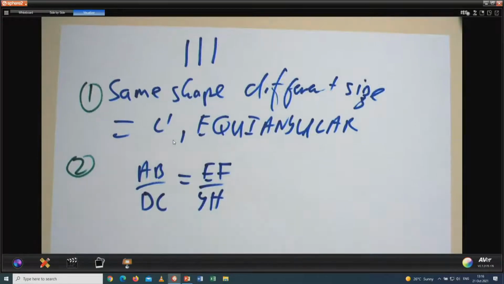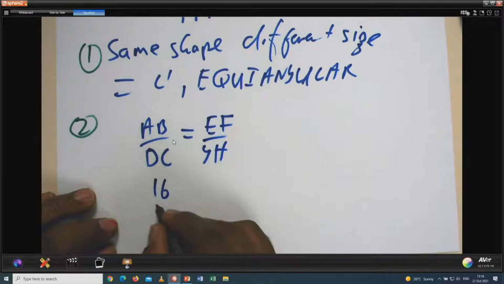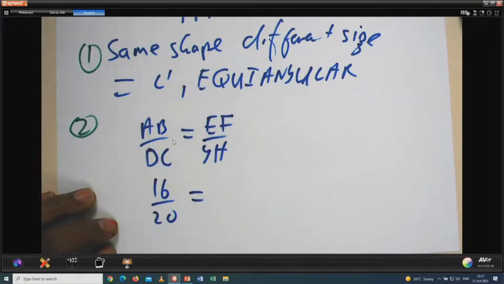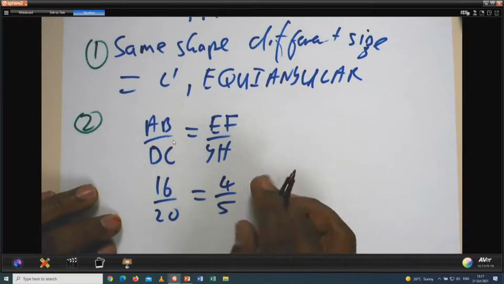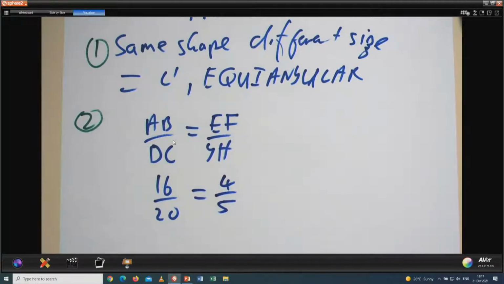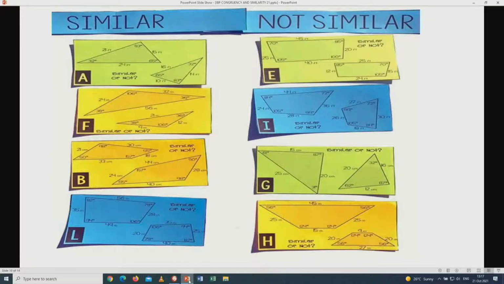That is proportionality. 16 over 20 should be equal to 4 over 5, ultimately. Those are the two most important things. But we won't be doing too many questions on similarity. We'll do it in the next session on the 28th, just to follow up.